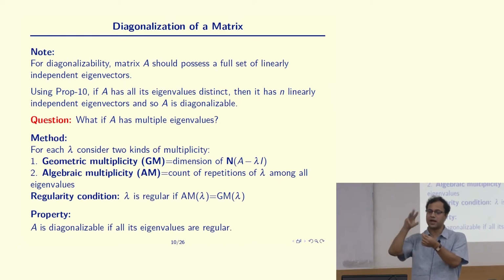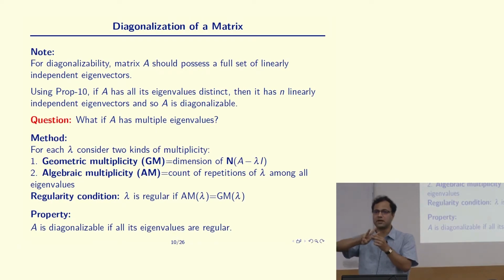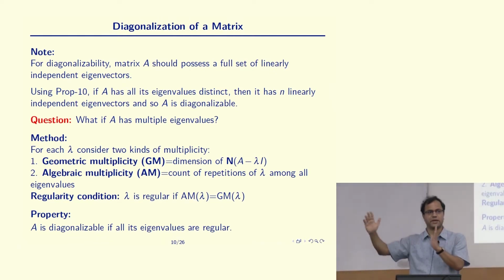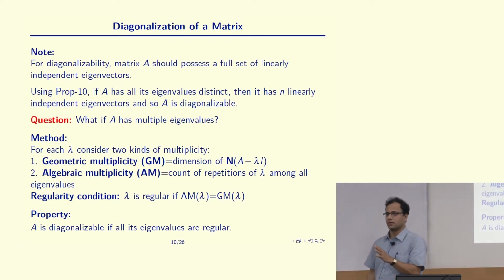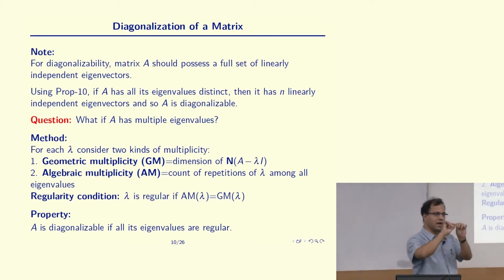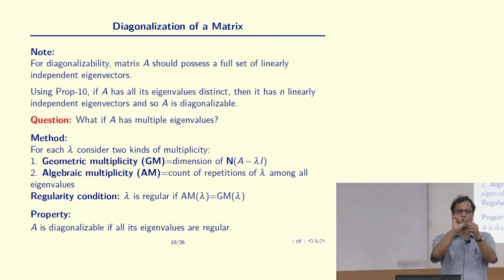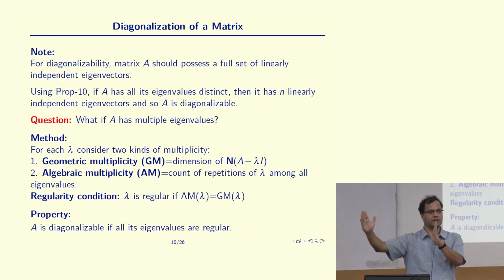If the dimension of that null space is also 3, that's the geometric multiplicity. Then we say that lambda is regular. That means we are able to find 3 independent eigenvectors corresponding to that lambda, and we can find a total of n eigenvectors for the matrix A, and we are able to diagonalize, right?